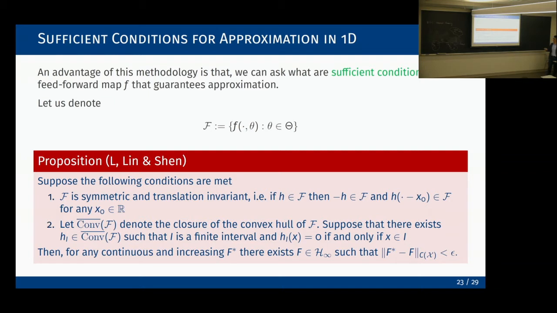Here we can show the following result, which says that if this function class, big F, which is all the different forcings you can choose at every layer, is symmetric and translation invariant, so if H is in F, then minus H is in F, and any translation is in F, and if the convex hull of this set contains a function that looks something like this, so there is an interval on which it is 0, and everything else is not 0, then you can show that you can approximate any increasing continuous function.